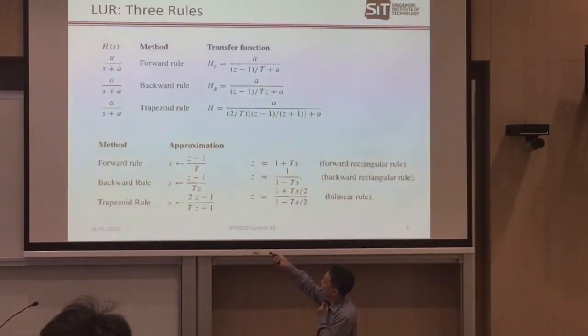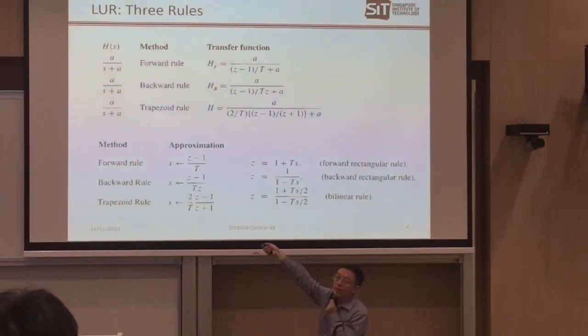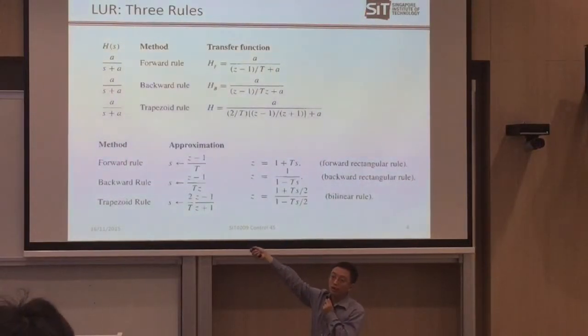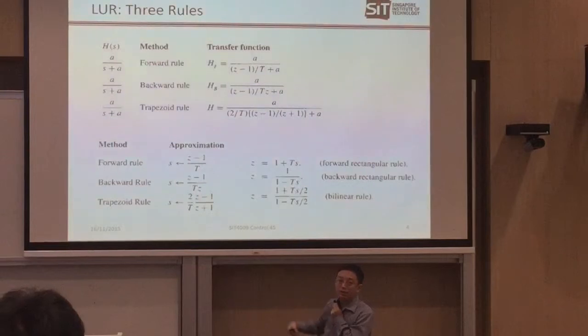After that, please bear in mind that your stability criteria in your s domain may not guarantee your stability in your digital domain after you have done this approximation. Last week we did a comparison of the domain mapping for your forward method.